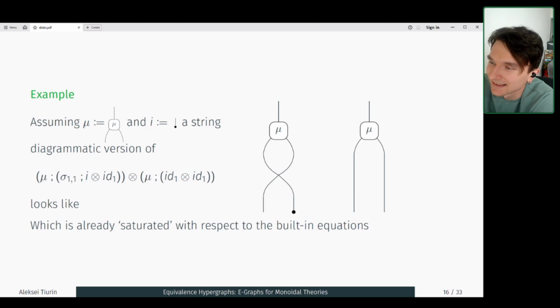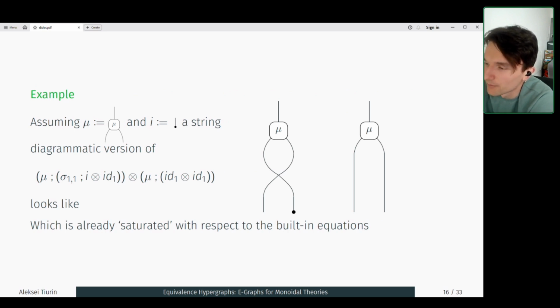So we can consider the previous example now in its string diagrammatic form. We encode the multiplication as the box with one input and two outputs, and we encode the co-unit by just a dangling dot. And the string diagrammatic version of the first example becomes what you see on the right. You can notice that it's already saturated with respect to all the built-in equations.